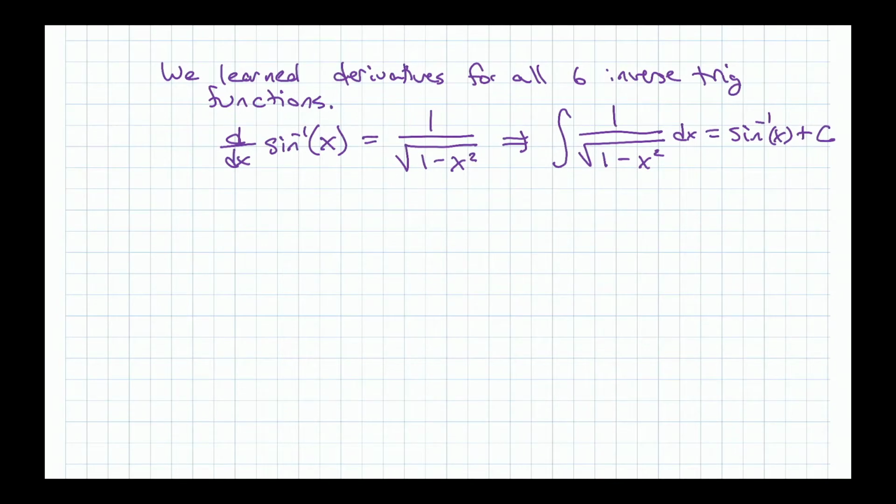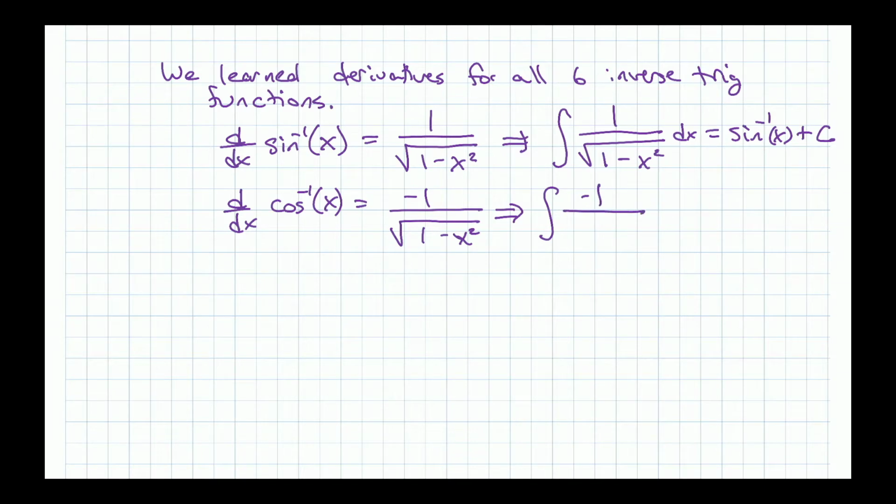But you also learned that the derivative of cosine inverse is negative 1 over square root 1 minus x squared, which would imply that the antiderivative of negative 1 over square root 1 minus x squared dx equals cosine inverse x plus c. But do you really need that second one at all? And the answer is no. We don't need the second formula.